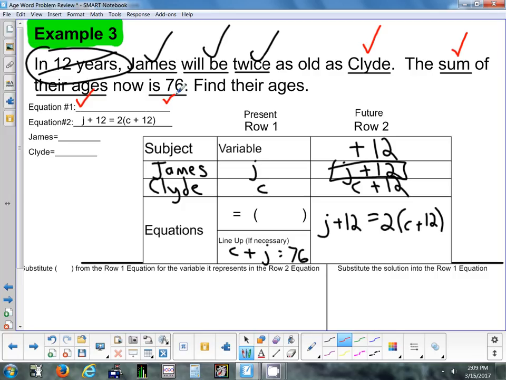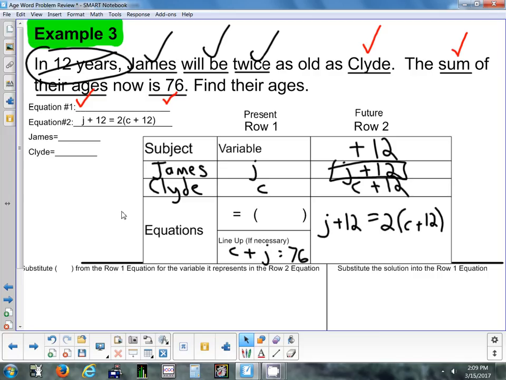Now I'm all set, right? I can just take this and plug it in. Who says I can just take what's here right now and just plug it in? So I see nobody raising their hand. So someone's going to have to tell me why I just can't take that information and plug it in. What's wrong with this? Why can't I just take it and substitute? Shannon?